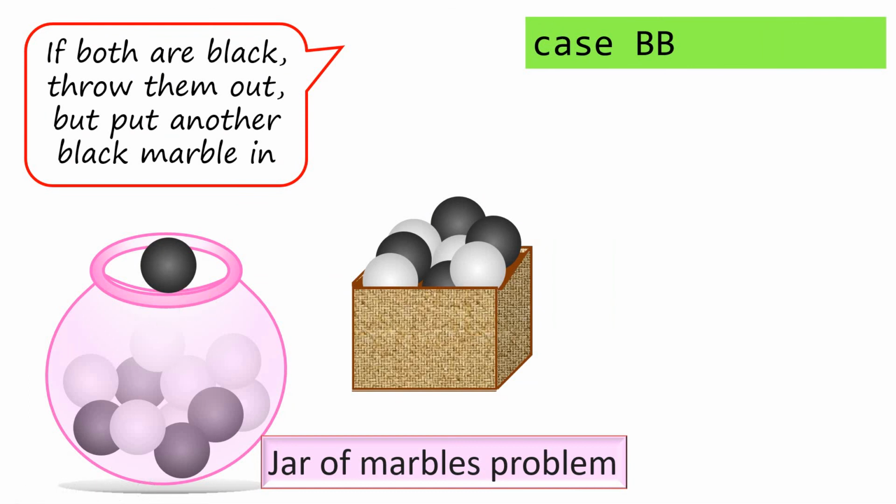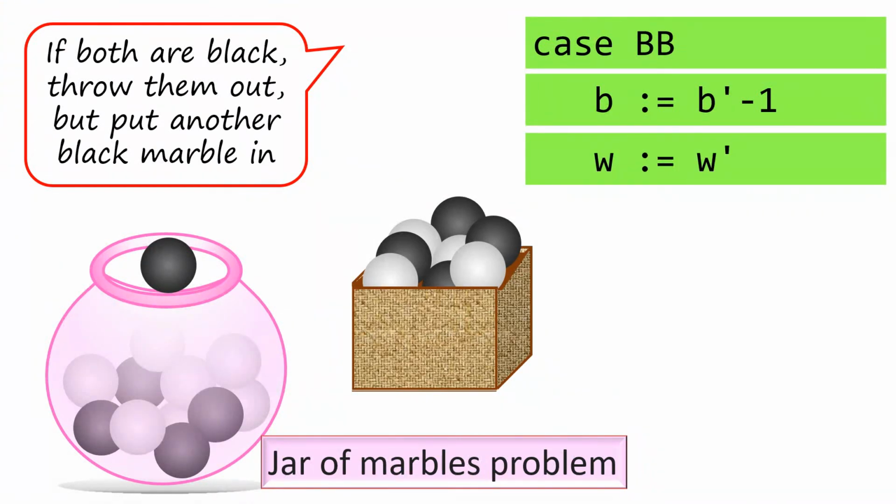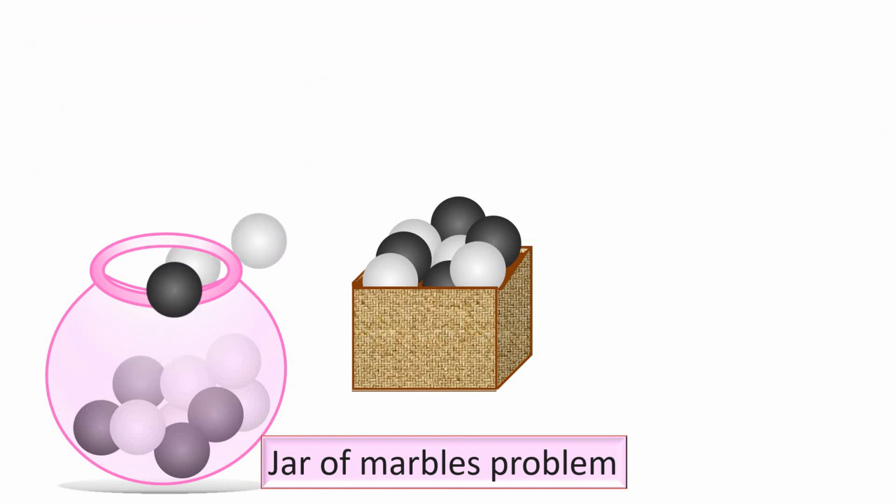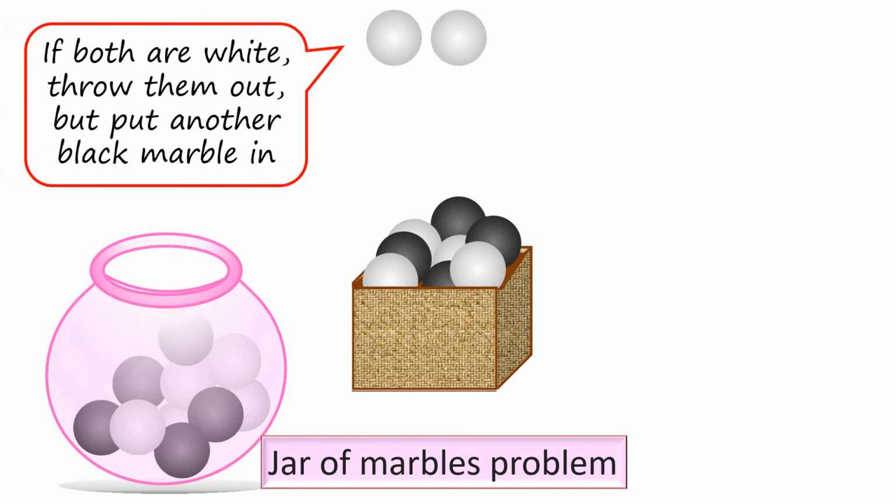So totally I have lost only 1 black marble. So I write B := B' - 1. And the number of white marbles remain the same. So W := W'. And the total number of black and white marbles in the jar is given by T := B' + W' - 1. The next possibility is if both are white.